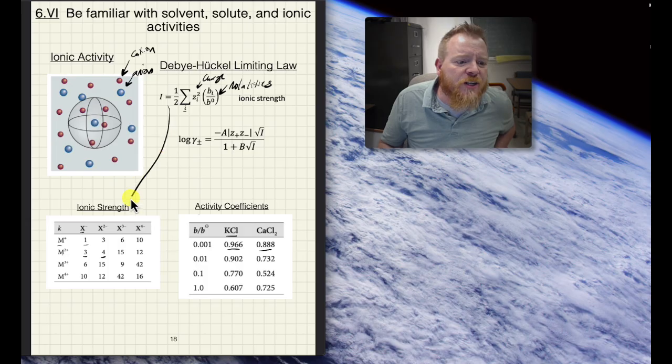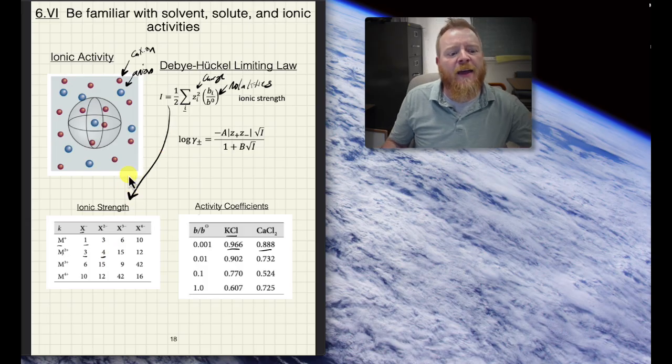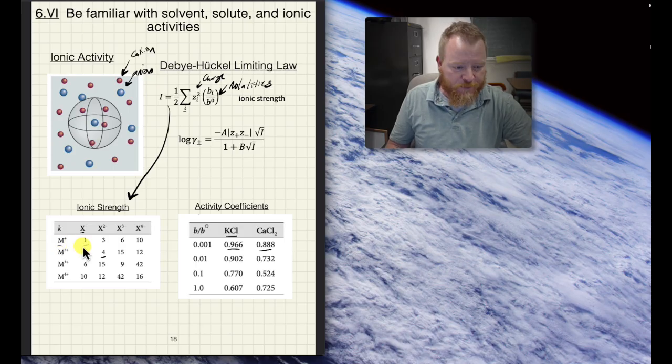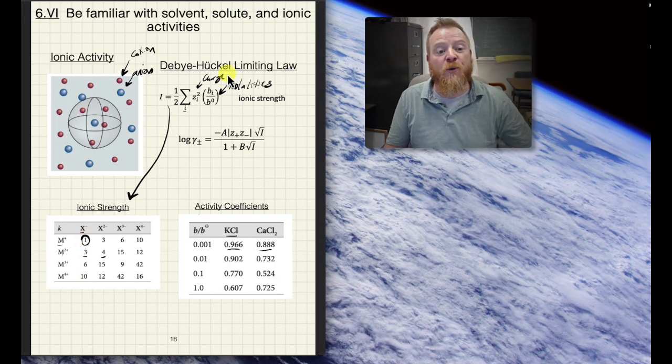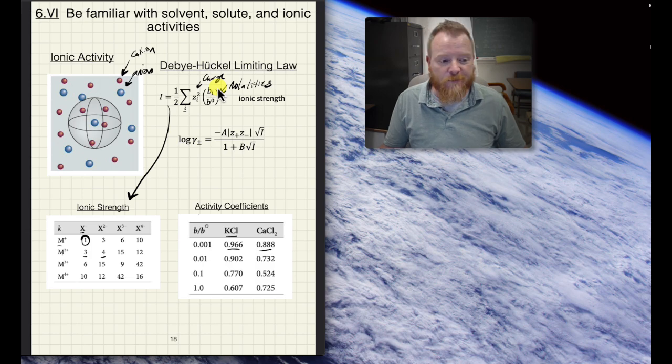So I'll draw your attention immediately over to this chart right here, ionic strength. And these are the generically calculated values. But what I want to point out is when you have a 1-to-1, a positive 1 and negative 1 cation to anion, the ionic strength is identical to its concentration, whether expressed in molality or molarity.